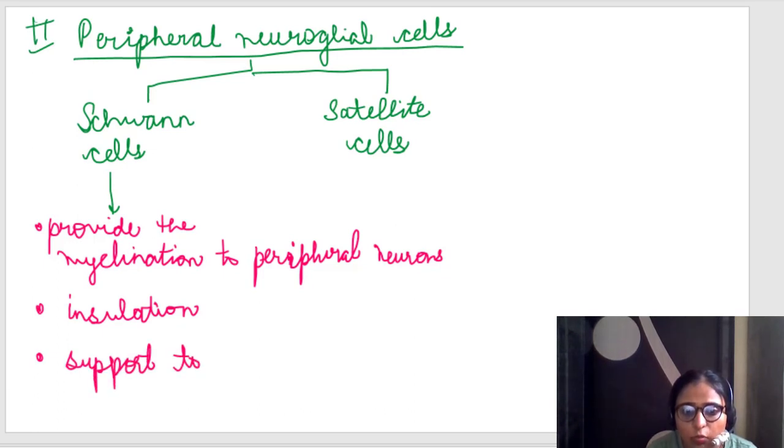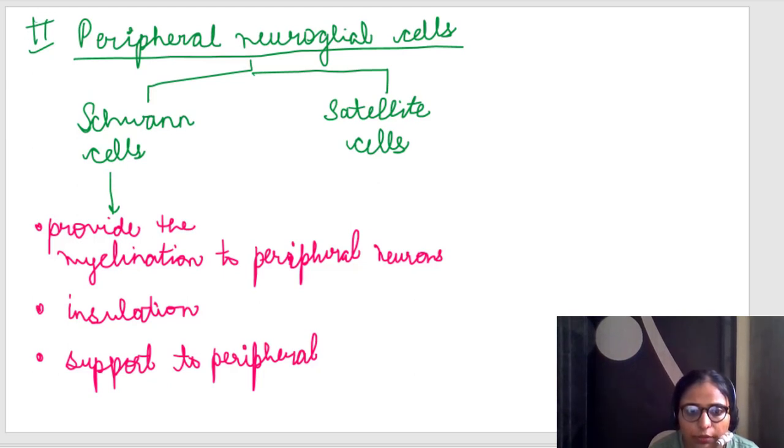And again they provide support to the peripheral neurons, meaning neurons which are present in the peripheral nervous system, not in the central nervous system. So they include your peripheral nerves like spinal or cranial.